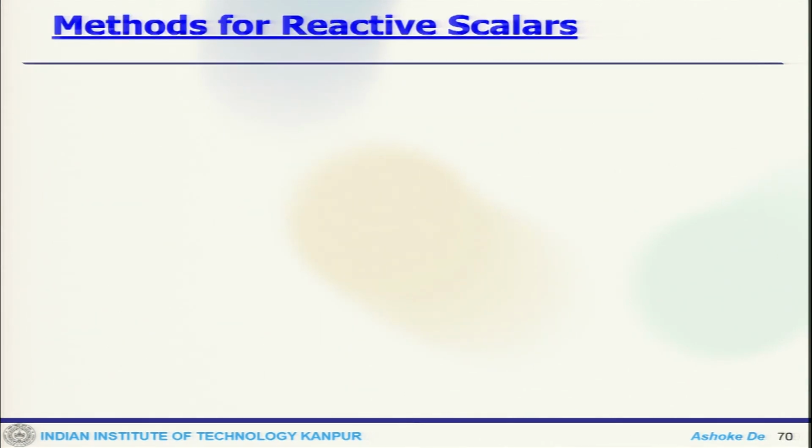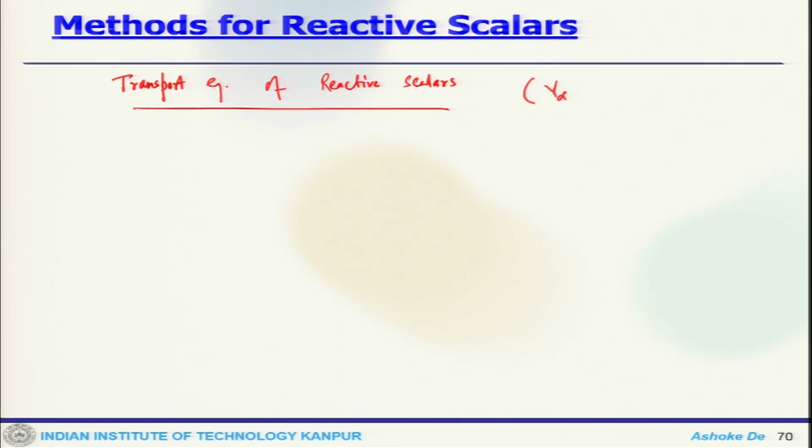So, what is that? You have a transport equation of any reactive scalars. The reactive scalars could be species mass fraction, let us say Y alpha or Yi, and they could be temperature, like that. Now, I can put that in a functional form, which is Y1, Y2 to Yn and temperature.